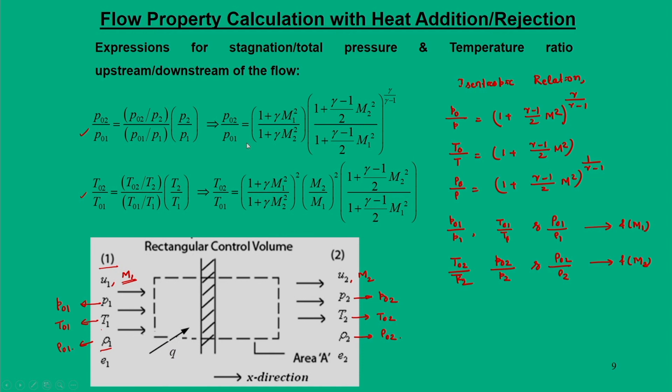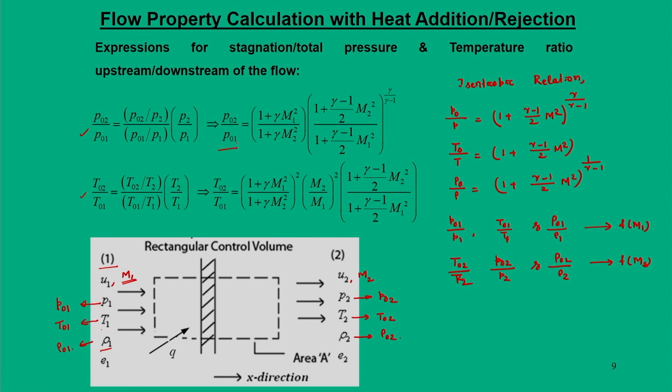This P naught 2 by P2 we get from these expressions where M is replaced with M2, and P naught 1 by P1 is the same expression where M is replaced by M1. Also, in the static property relations we already know the ratio P2 by P1. So, after putting this we are now in a position to simplify a relation for P naught 2 by P naught 1.